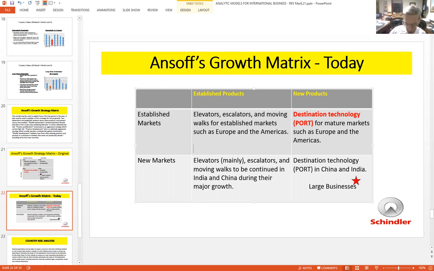All right, market penetration. And I guess I should make that red so that it doesn't look like the text. Over here, we've got new products coming into established markets. And so that strategy, Ansoff called, let's see, product development.